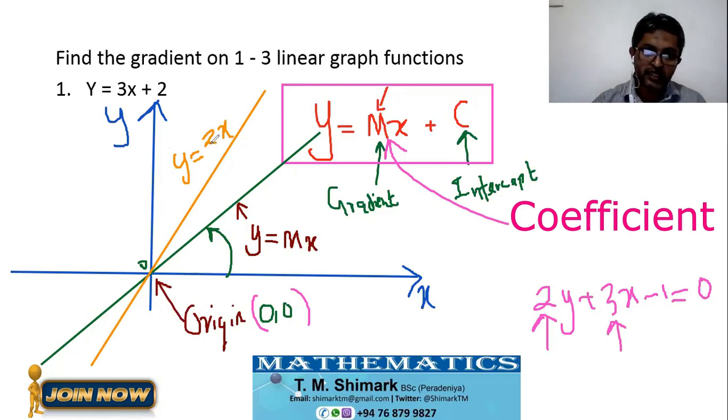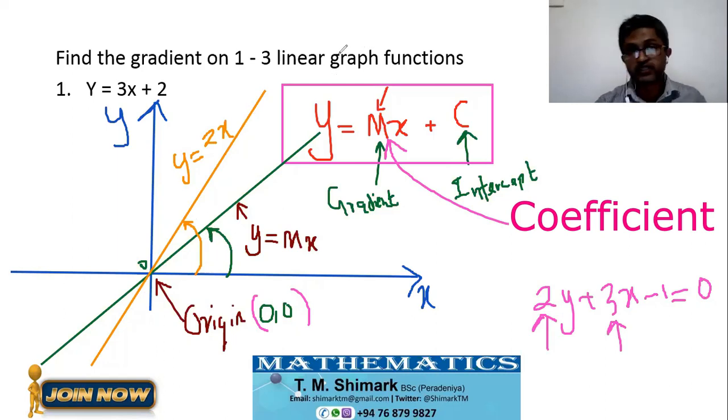That means the gradient is 2. The angle made between these two lines, the x-axis and the graph, is called the gradient. That we can see is an acute angle.